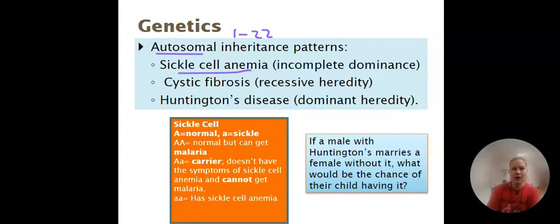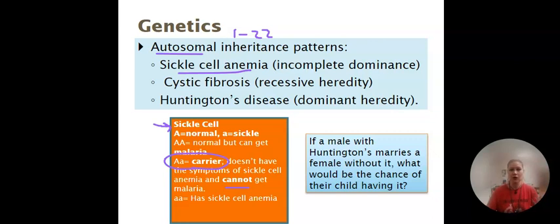One interesting thing, though, about sickle cell anemia is that individuals that are carriers for sickle cell, so they're not affected themselves, okay? They don't have any of the symptoms of sickle cell anemia, but they have the added bonus to their immune system of being much, much less likely to get malaria, which is just incredible, because again, having your genetics, that's outside your control.